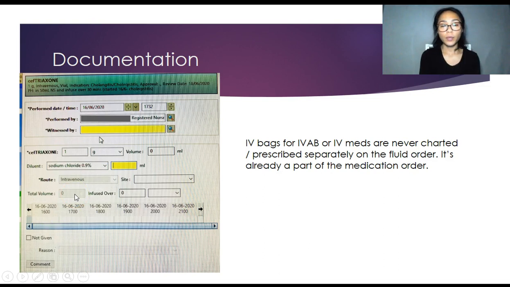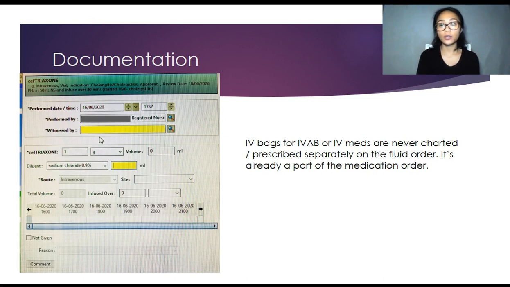So when we're adding IV medications to an IV bag, which remember is one of your CPA skills for this unit at the end of the semester, there is no fluid prescription. There is just the medication prescription.